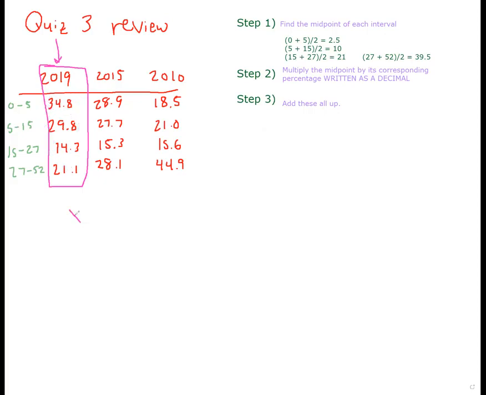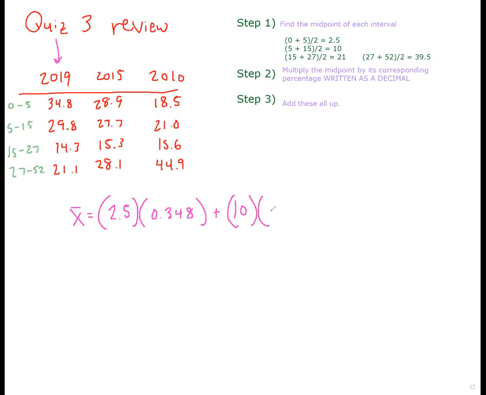So x bar equals 2.5 times not 34.8, but 0.348. In a similar fashion, 10 times not 29.8, but 0.298.